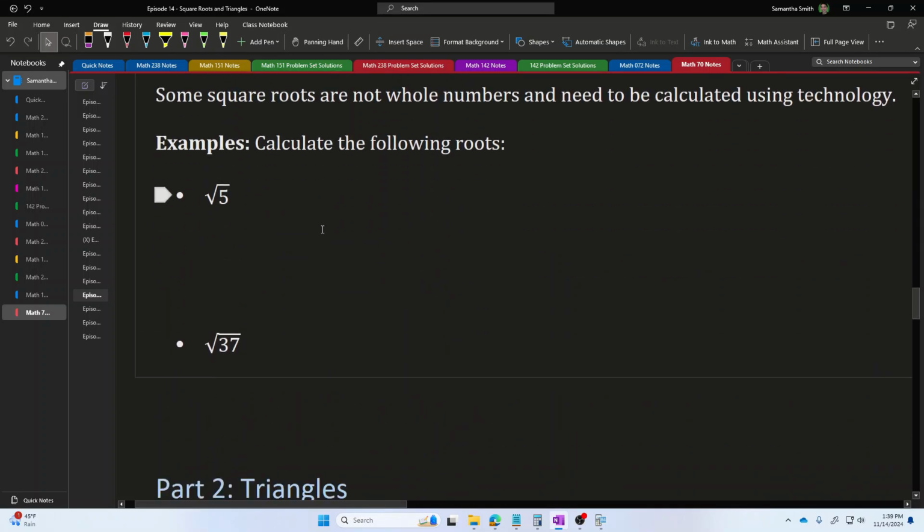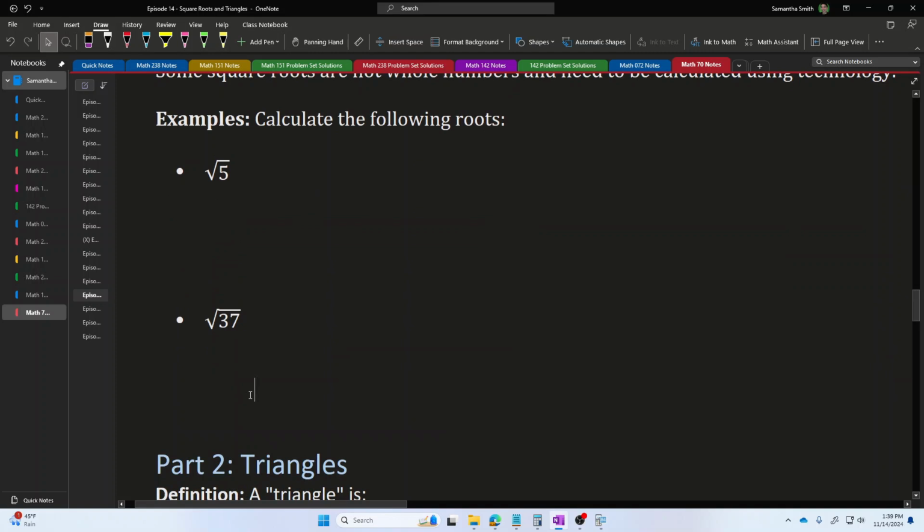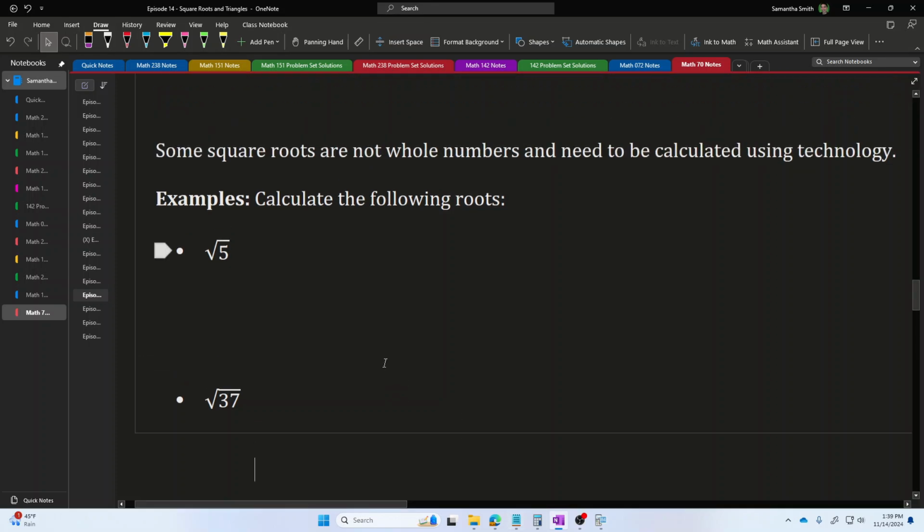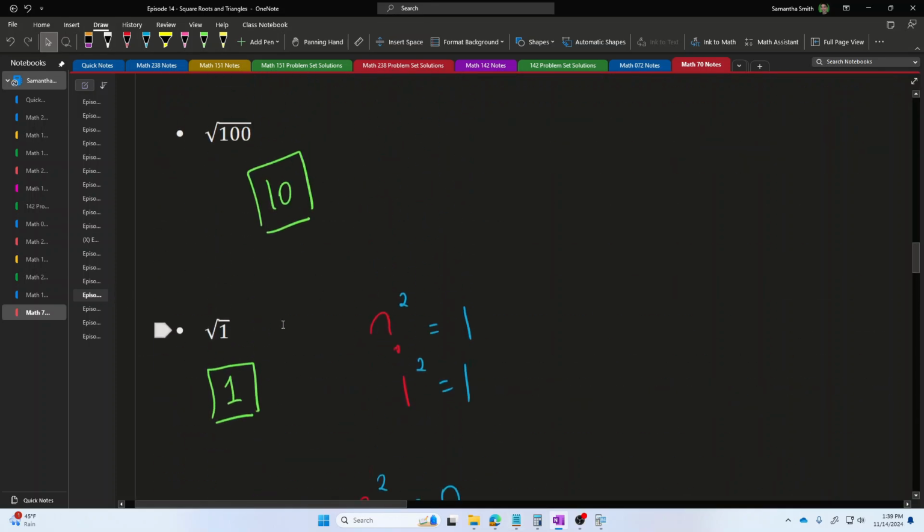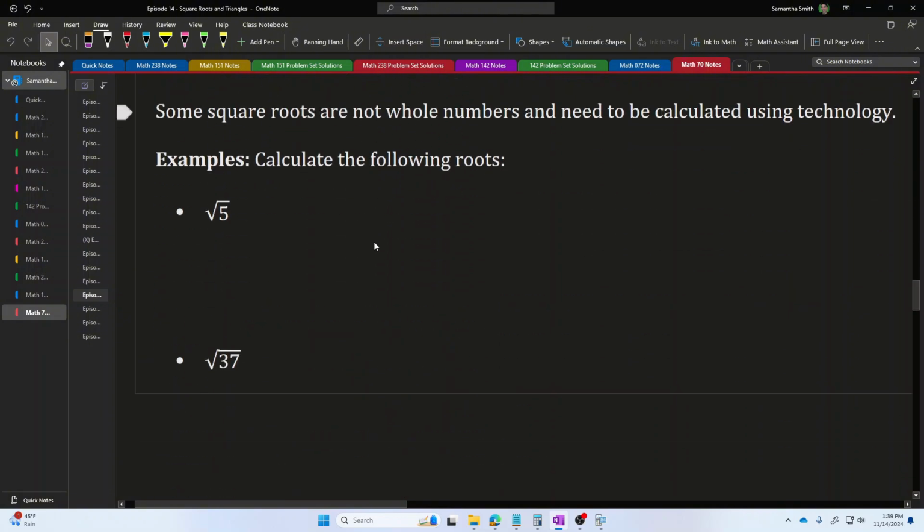Now, the square roots that we've done so far have all been nice enough that they've shown up on a times table, and the answers to those square root questions have been nice whole numbers.